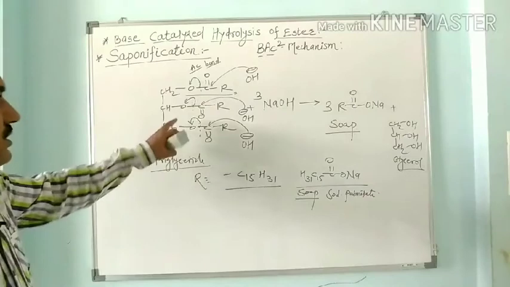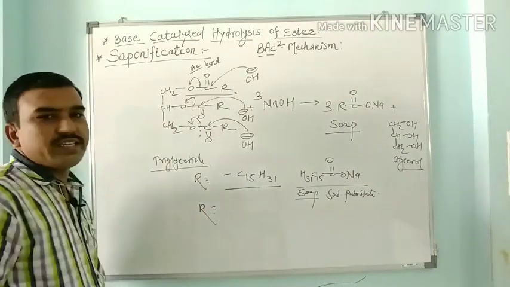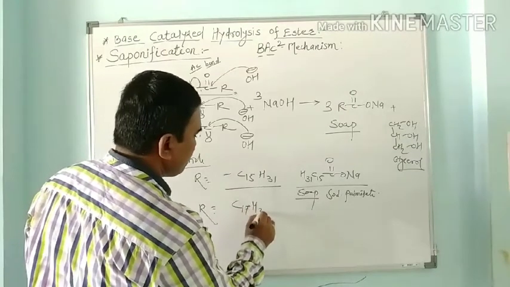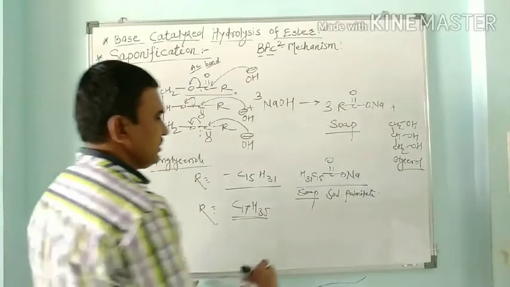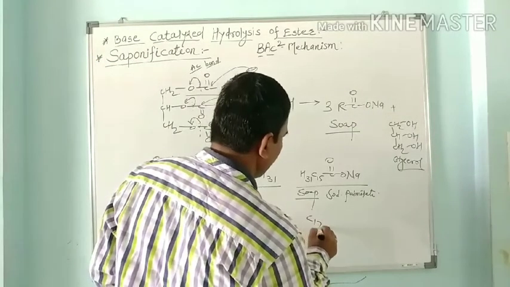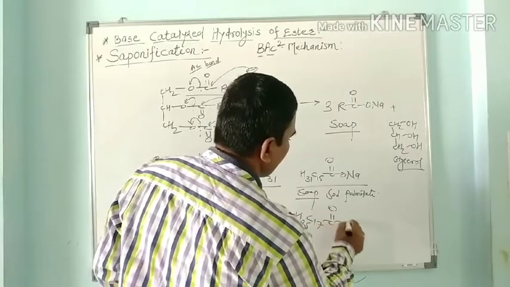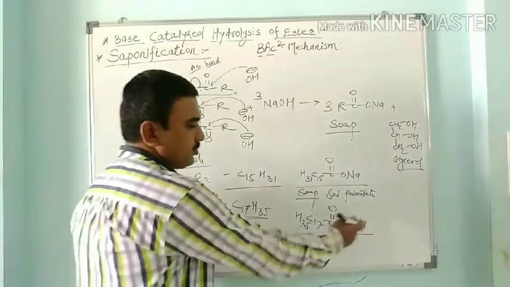When we have an ester where R is the stearic group, C17H35, this is called stearic acid, and we get C17H35COONa. This is again a soap, the sodium salt of a fatty acid.